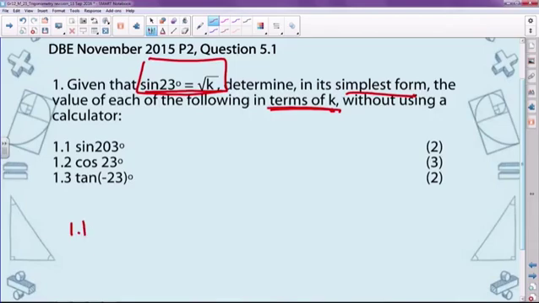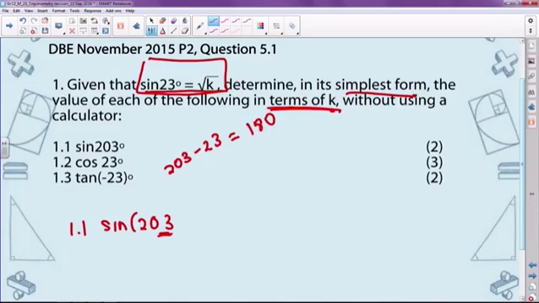Well, we've got sine of 203 degrees. So I start thinking, well, how is 203 related to 23? Okay, well, it's not immediately apparent, but if you say 203 minus 23, and you can do this on the side, what will you get? You'll get 180.